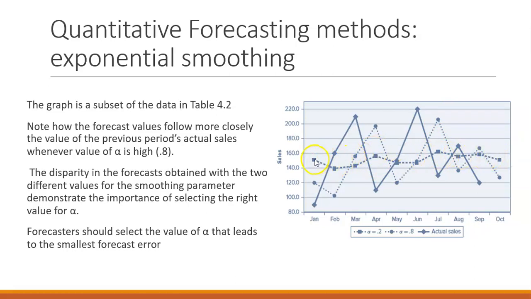It would be really reckless of us to use this type of smoothed out forecast when we have actual volatile sales. So we're better off going with 0.8 as our smoothing factor.